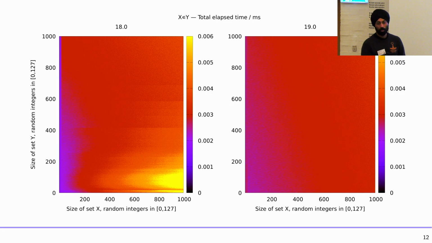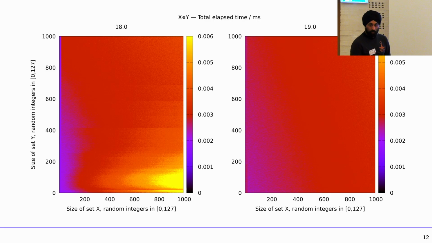There's a small array optimization in 18.0, which is not present in 19.0. So that's something where 18.0 has a little bit of a performance gain. But there's a big area of yellow here in the bottom right sector. So here there's a slight performance degradation in 18.0, which we're not seeing in 19.0.